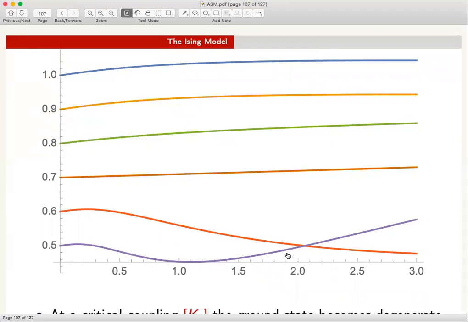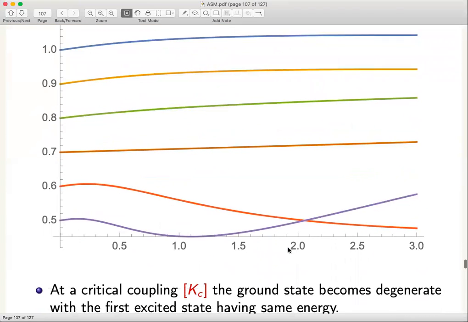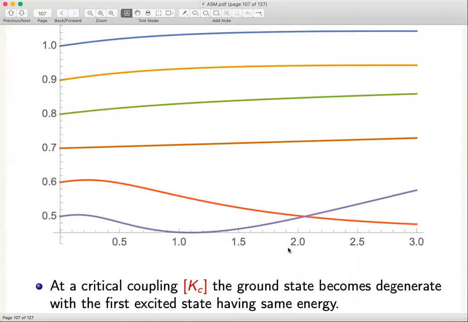This switchover phenomenon, what is called the level crossing phenomenon, is considered a signature of zero temperature phase transition. And as I said, this is one of the happening topics in current condensed matter physics, where people are trying to study quantum phase transitions in a variety of systems.